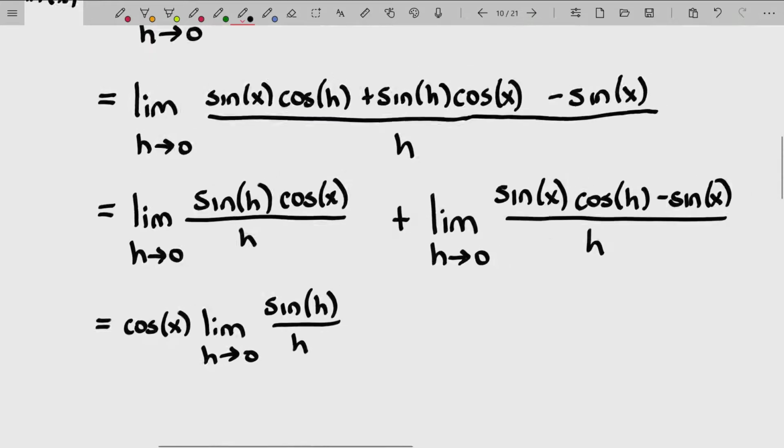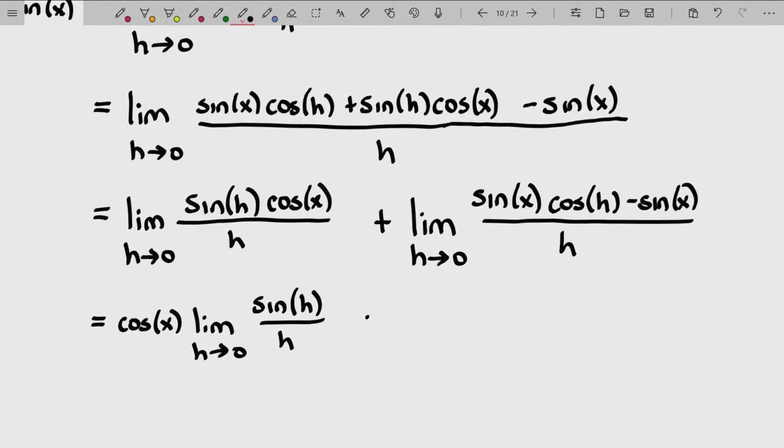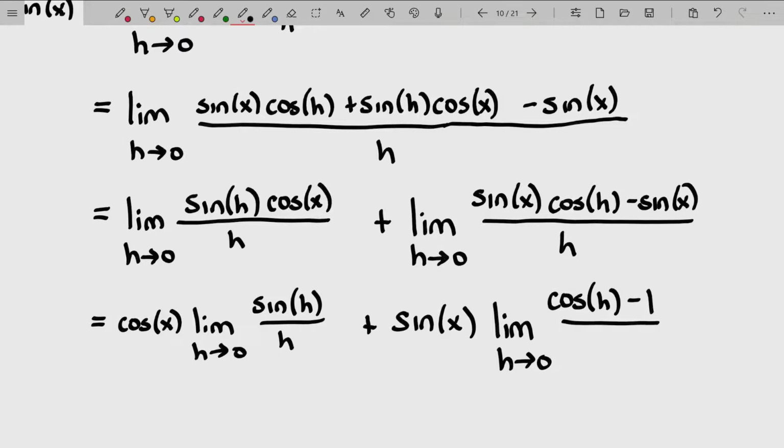And the second limit, I could factor out a sine of x, because again, this limit is not moving x, it's moving h. And because sine of x doesn't have an h, I can pull that out. Same argument as to why I pulled out the cosine of x in the first term.